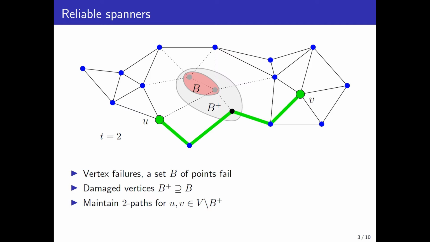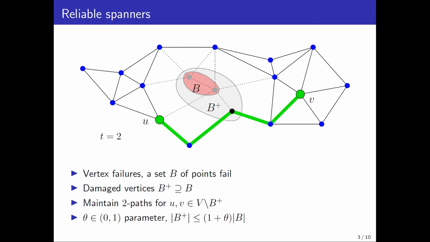And last but not least, we want to have some bound on this damage set. For this we have a parameter theta, and we require that the size of the damage set must be at most 1 plus theta times the number of failures. This is quite a strong requirement because it only depends on the number of failures and it's independent of the network size.